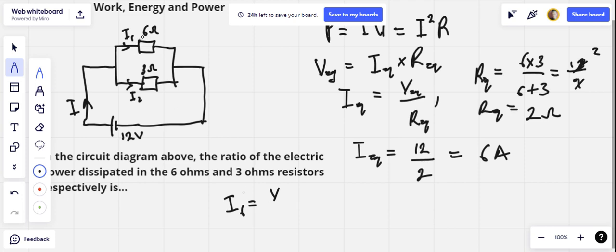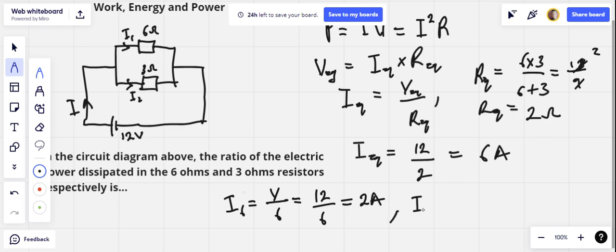So the current passing through the 6 ohm would be the voltage over the value of that resistor, which is 6. 12 divided by 6 equals 2 amps. So the current through the 6 ohm resistor is 2 amps.